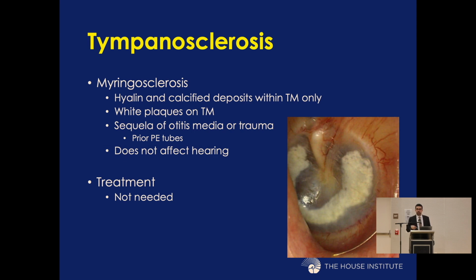If you have something like that, as we try to freshen the rim of the perforation, you don't see any bleeding or any blood vessels coming from those calcified areas, and sometimes you have to remove the whole thing, and then you essentially end up with a near total or total perforation, and you have to do the lateral graft for them. But just a simple myringosclerosis, really nothing to do if they have a hearing loss. They can easily be fitted with hearing aids.